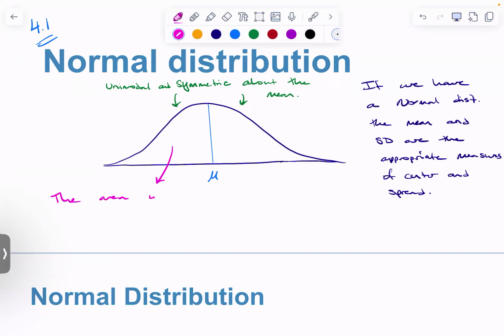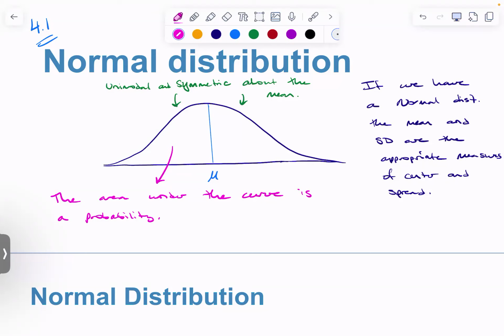The area under the curve is a probability. I'll stick to singular, I guess.